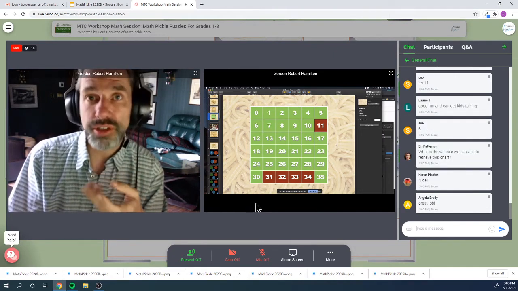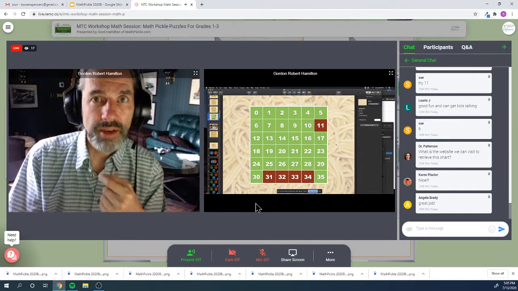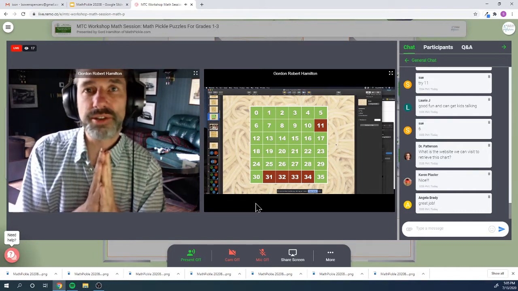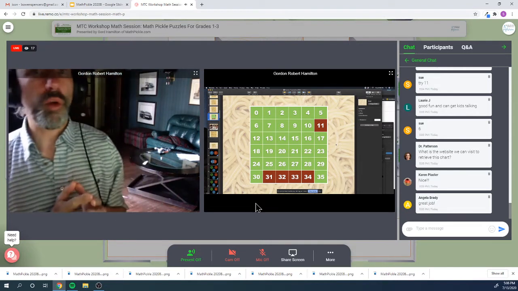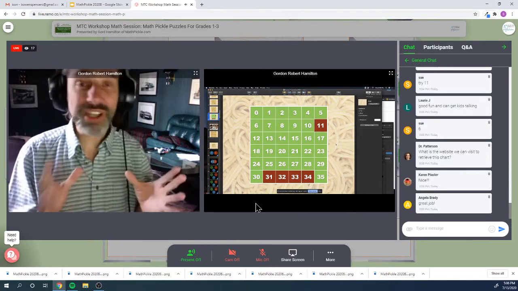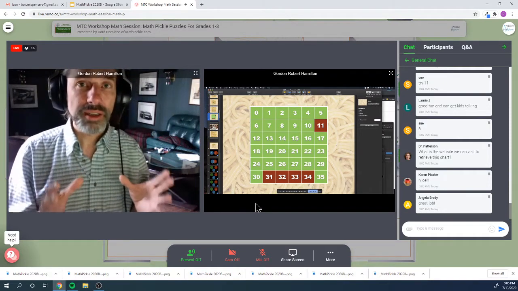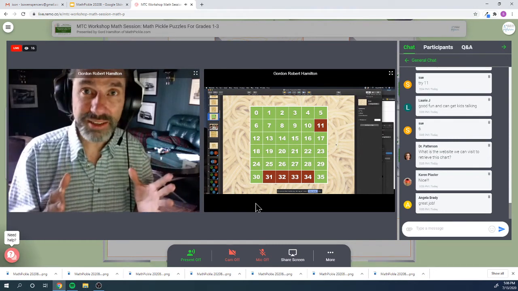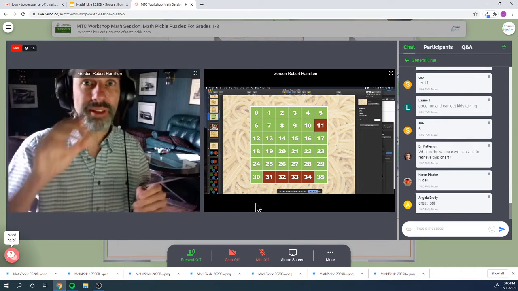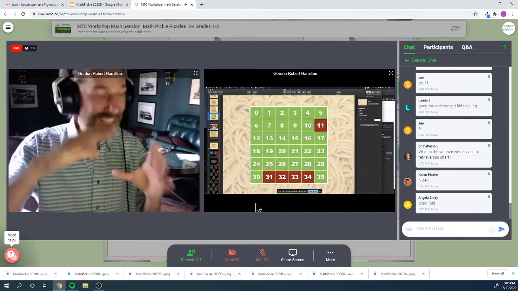But of course, you can just use a normal numbers chart. One of the mistakes that is used again and again in elementary school is that the number chart used is 1 to 100. The correct number chart obviously is 0 to 99, because then you're dealing with tens nicely organized.